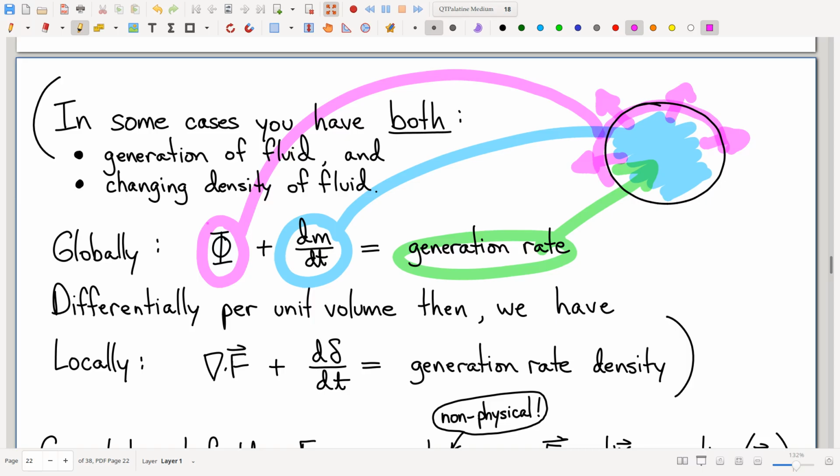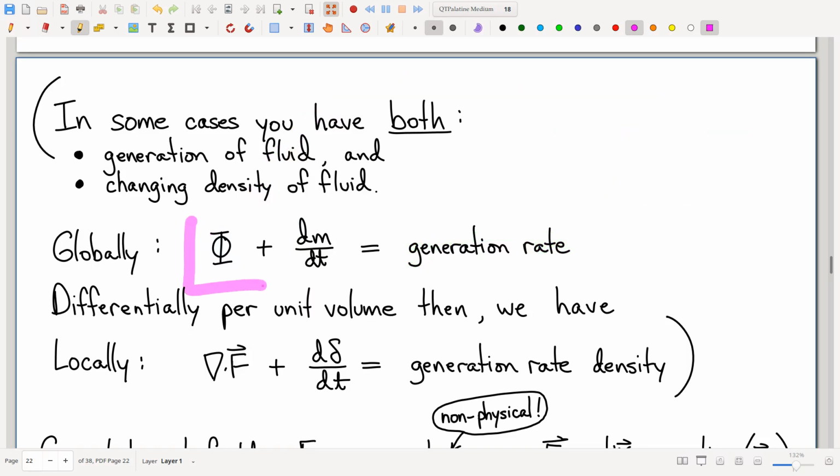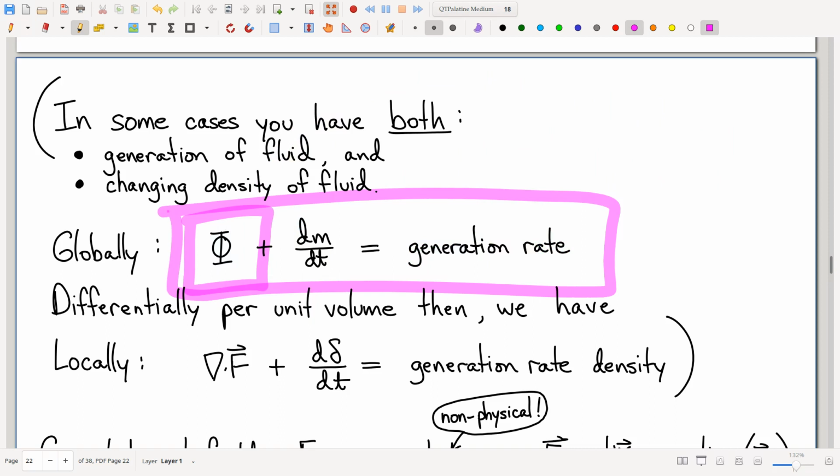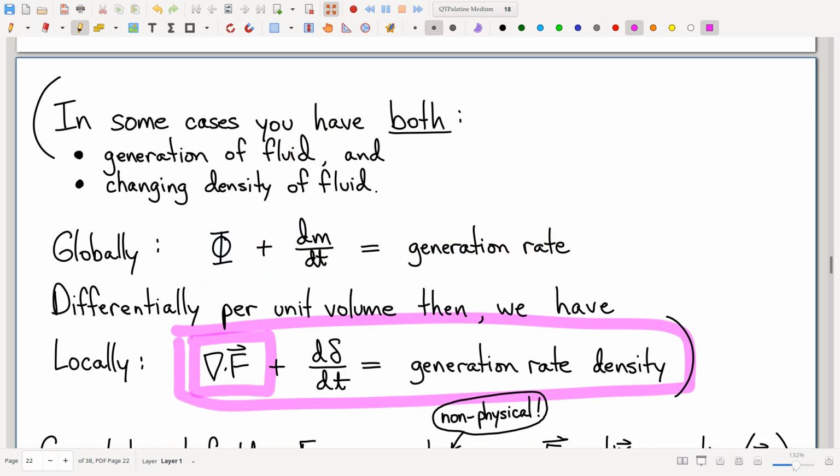So generated fluid either stays in and contributes to the blue term, or it doesn't stay in and it contributes to the purple term. And so we get this nice little easy relationship between these variables. This is a foot in the door for understanding flux, and then likewise for understanding divergence, if you have one of these kinds of situations.